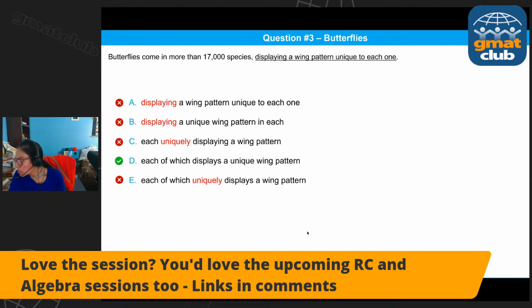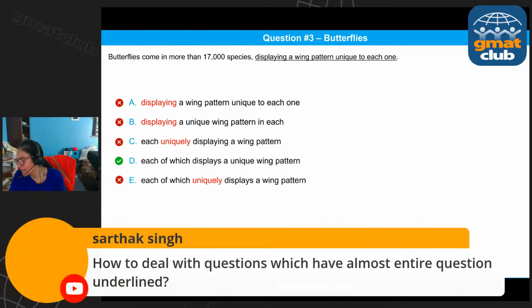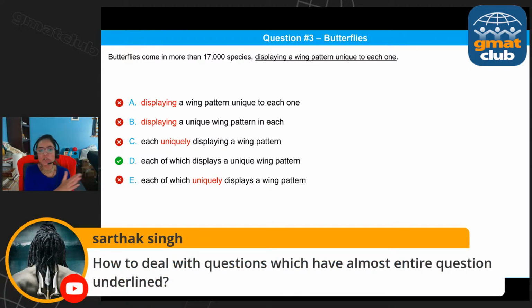Sarthak asks, how to deal with questions which have almost the entire question underlined? Sarthak, there is no difference. See, there has to be only one approach to solve each and every kind of sentence correction question. We do not suggest that you have this approach for this kind of question and that approach for that kind of question, because think about it. When you are sitting in an exam, how many approaches are you going to keep in mind?